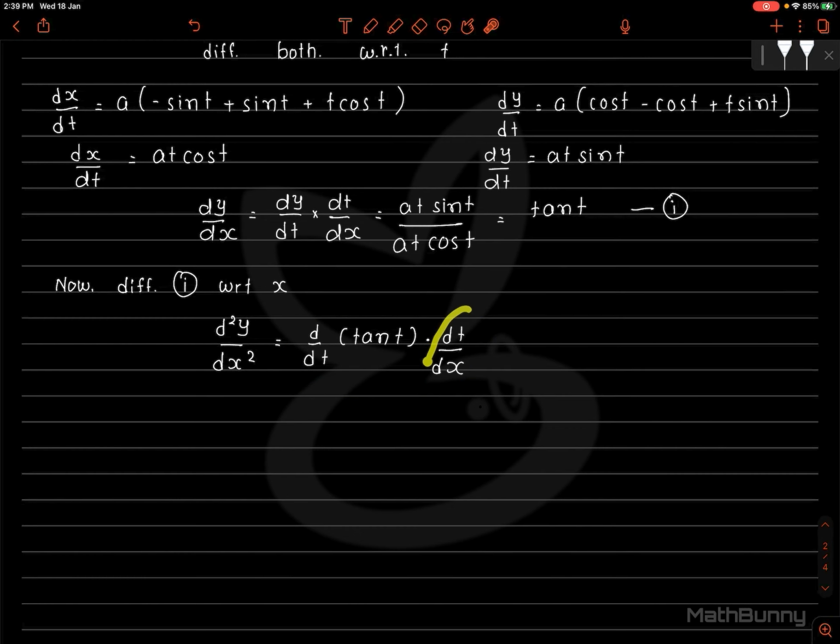We are supposed to multiply dt upon dx, and the answer would be the differentiation of tan is secant square t into, from this dt upon dx, we know dt upon dx, which is 1 upon at cos t into 1 upon at cos t, and the final answer would be d square y upon dx square is equal to secant cube t upon at.